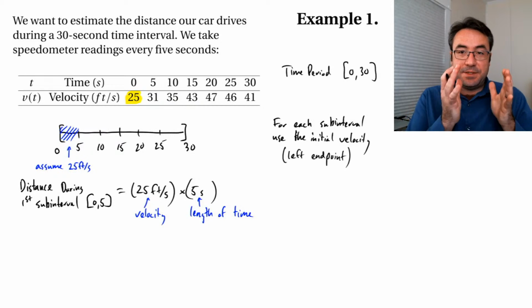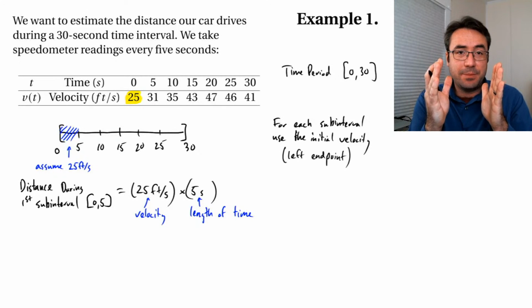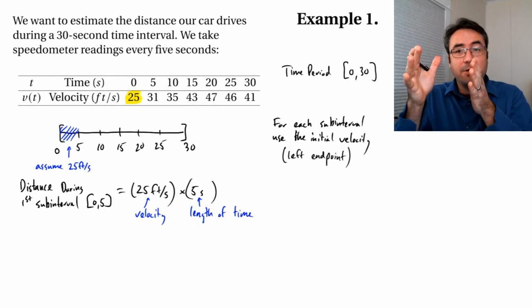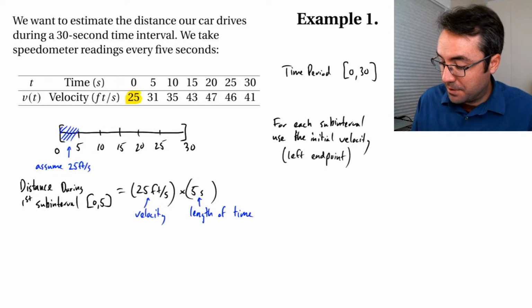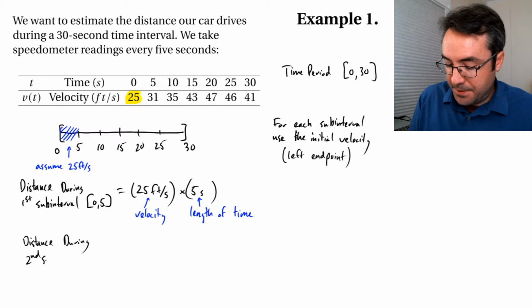It's the amount of time that we're traveling at that velocity. All right, so that's an estimate for how far we travel during that first subinterval from 0 to 5. Now let's calculate the distance for the second subinterval. This one is from 5 to 10.